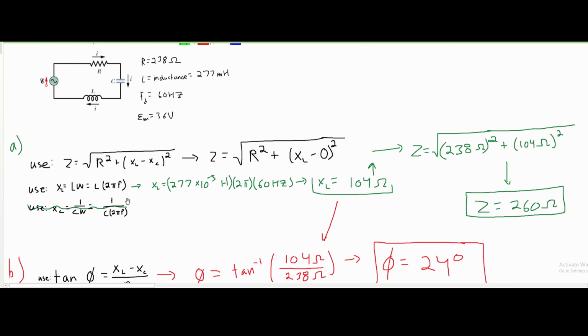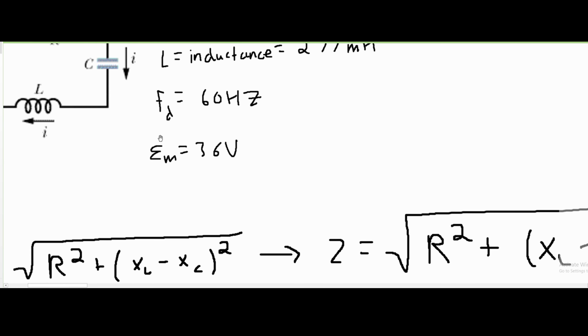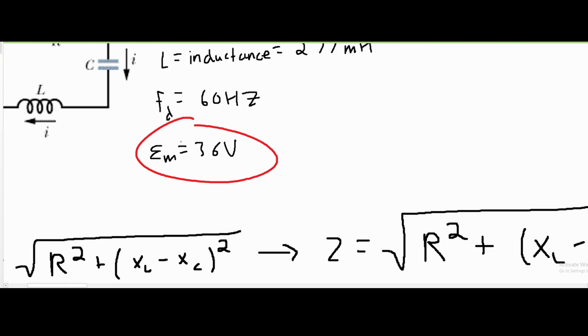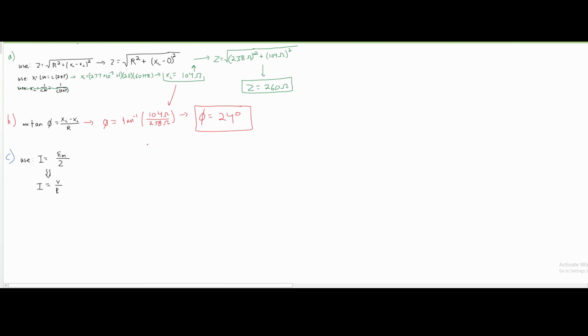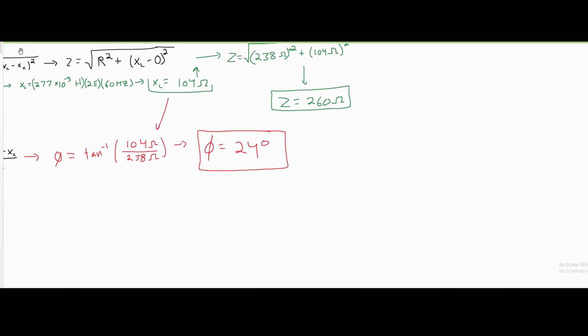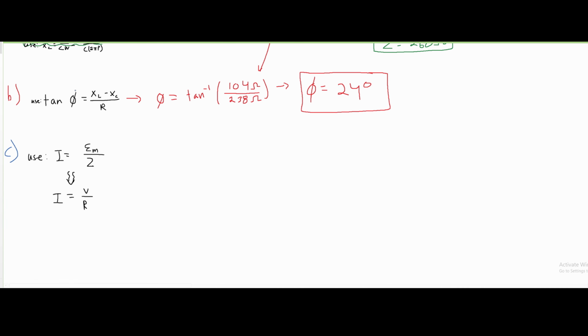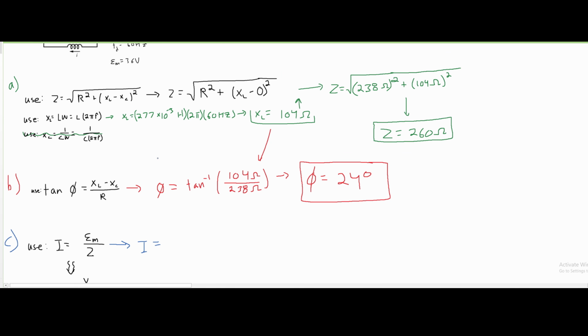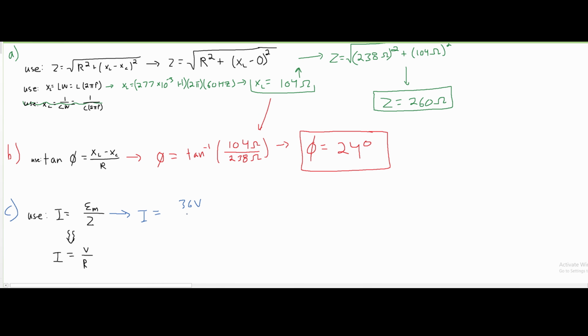So if we go to our alternating EMF, we can see that it is written in voltage, and that our Z is written in ohms, which is similar for resistance. So if we write this all out, we're going to get I is equal to our alternating EMF, which is 36 volts, over our Z, which is 260 ohms. And that means that our current, and that's the answer for part C.